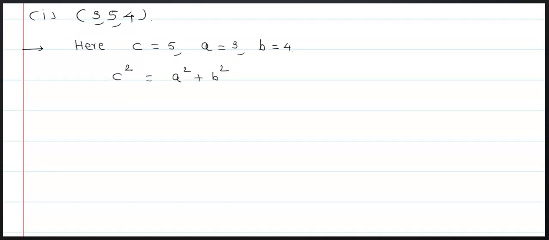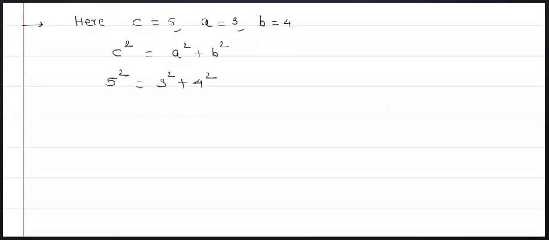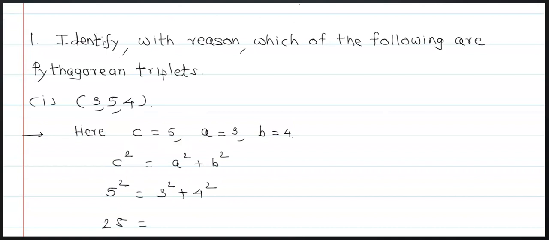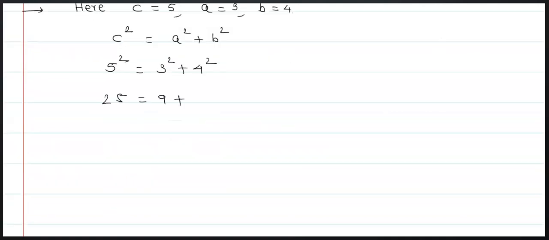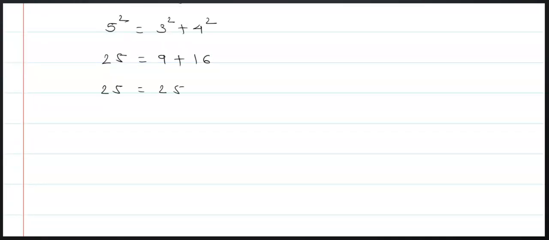Therefore, C square is equal to A square plus B square. For that, 5 square is equal to 3 square plus 4 square. That is 9 plus 16. Both are equal.